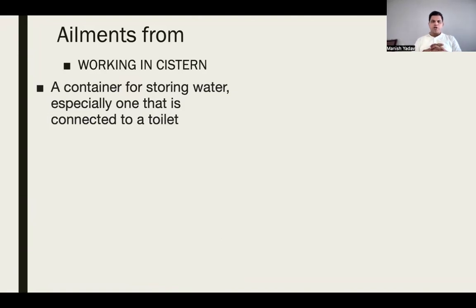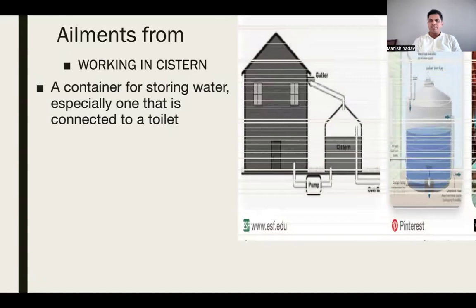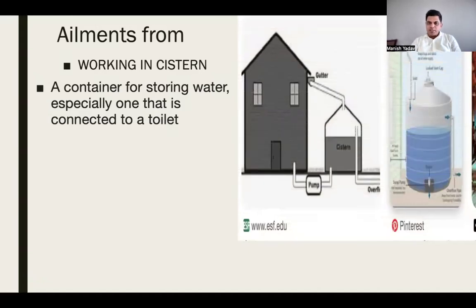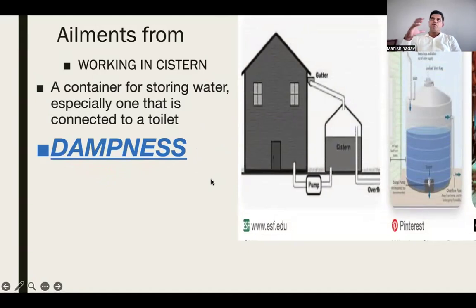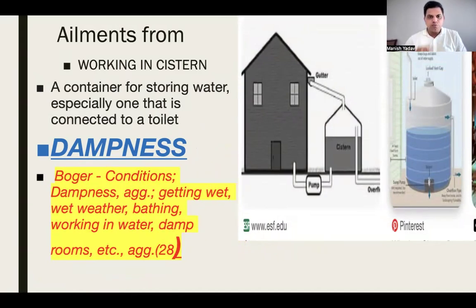A container for storing water, especially one that is connected to a toilet. This is how it is. You see, he was working there inside that. So this is dampness basically. When you work in that area for a long time, you are exposed. So dampness is there. So the first rubric about ailments from, Boger: Conditions, dampness aggravates.